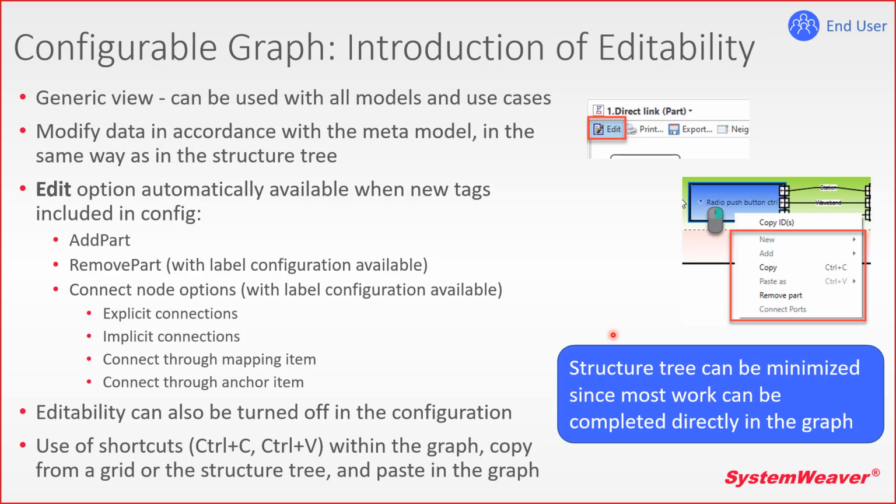So with this editability, for many use cases, users can minimize their structure tree to the far left and just work in their graph, or maybe work in a graph in a grid, in a multi-button or something, or using the secondary item view.